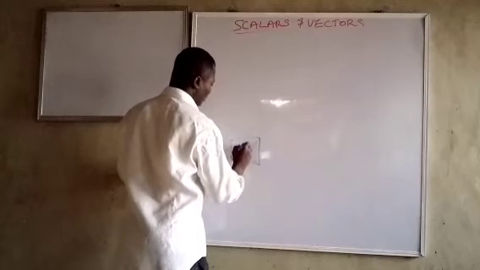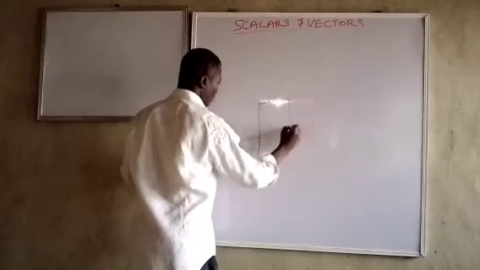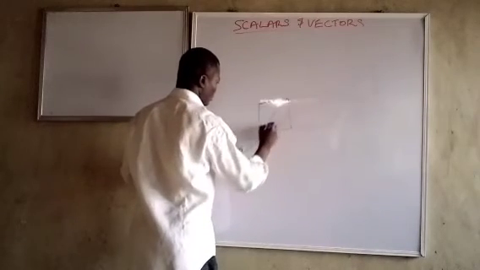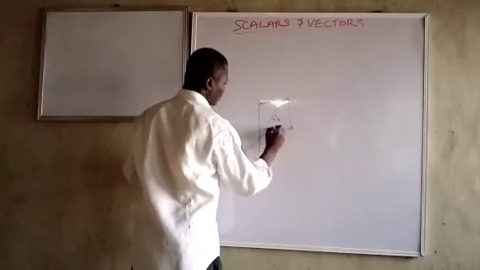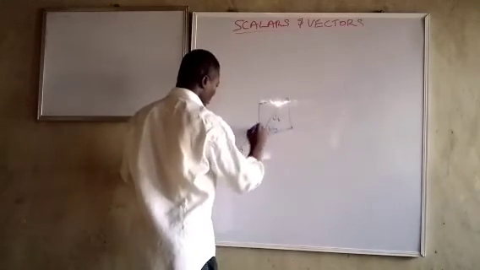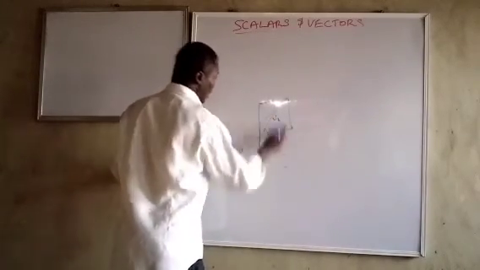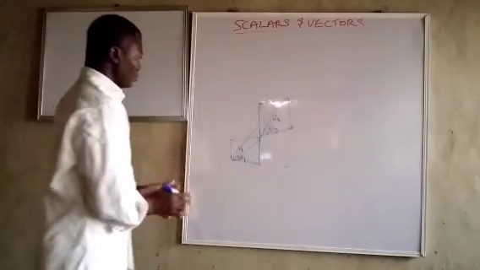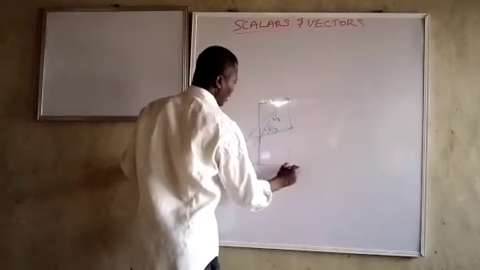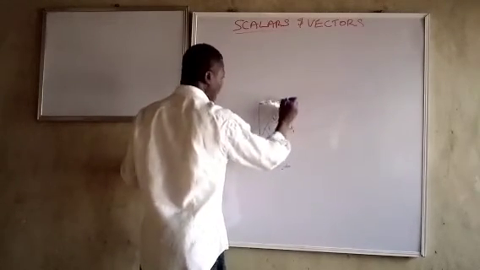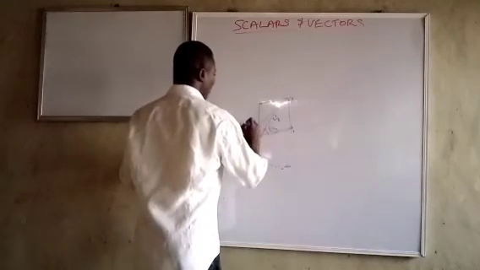This is V1, theta 1, V2, theta 2, and then just break it. So it will be easy. Depends on you. You can draw it straight and use cosine rule, or you can just say, okay, this is V1 cos theta, V2 cos theta, V1 sin theta, V2 sin theta. Then you do the summation, that is V total.